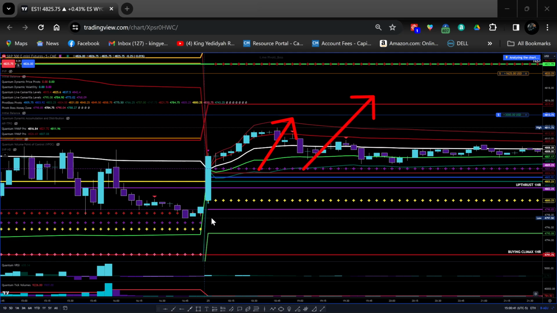Because what we could have done is open here and struggle to get above. This could have been resistance and moved us back down. But the opening candle was significant because it broke through with heavy volume. So that's showing that the buyers are serious in keeping this above this level.